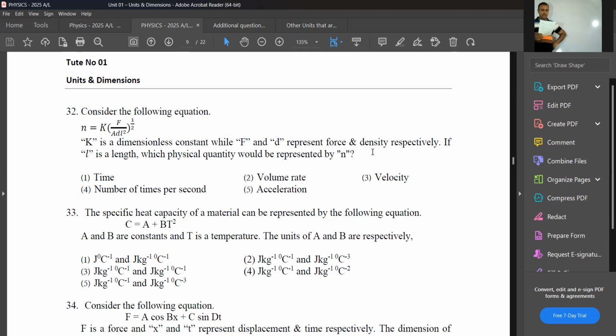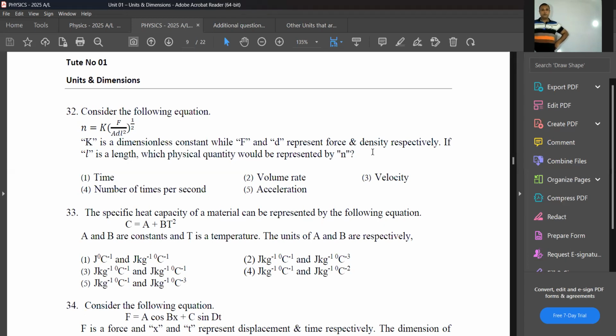Consider the following equation. K is a dimensionless constant, while F and G represent force and density respectively. If L is a length, which physical quantity would be represented by N? So we have to simplify this one.